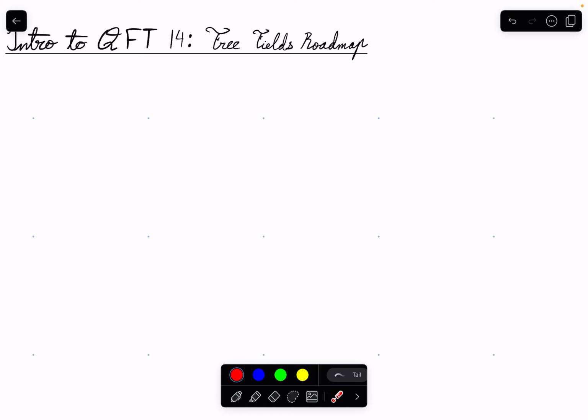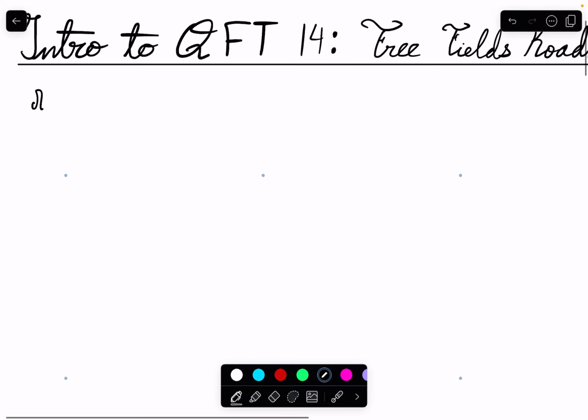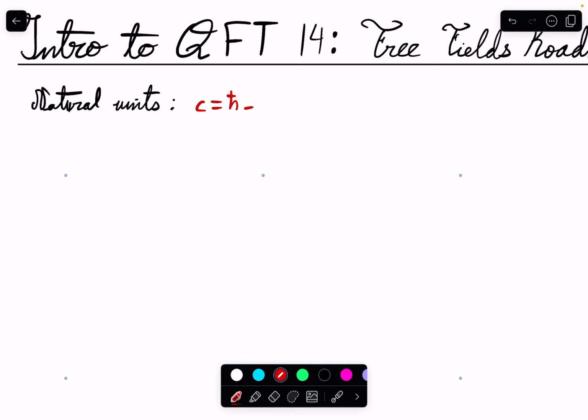So this book that we're following, No Nonsense Quantum Field Theory, will adopt natural units from this point onward. So natural units, it's basically when you set c, the speed of light, equal to h bar equal to 1.